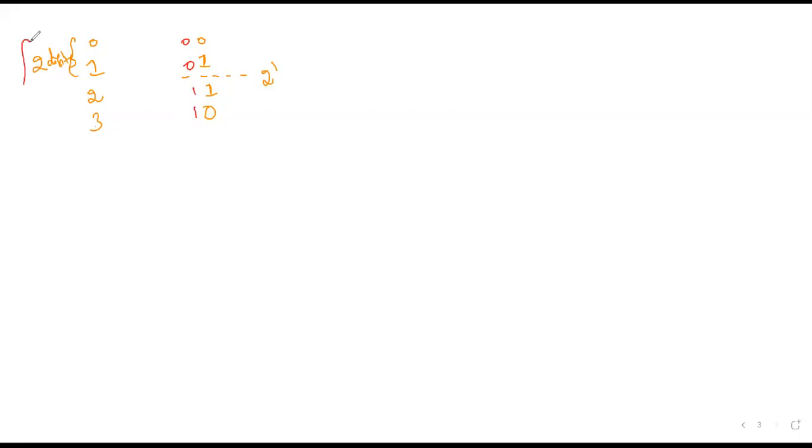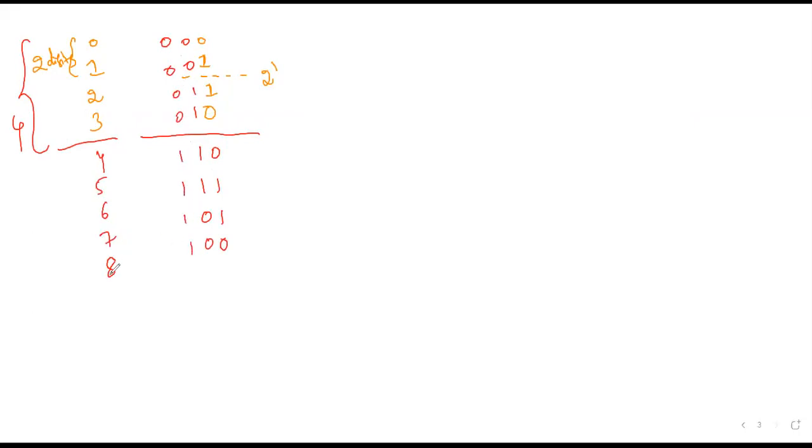Then after 4 digits, you place one more mirror. Then the gray code will appear like this. Then fill the upper bits with 0 and the lower bits with 1, for the remaining 8, 9, 10, 11, 12, 13, 14, 15.